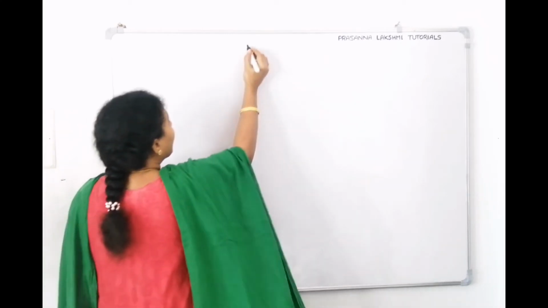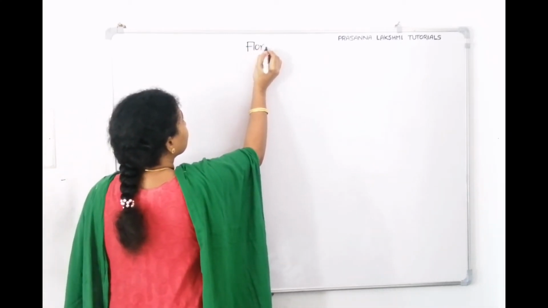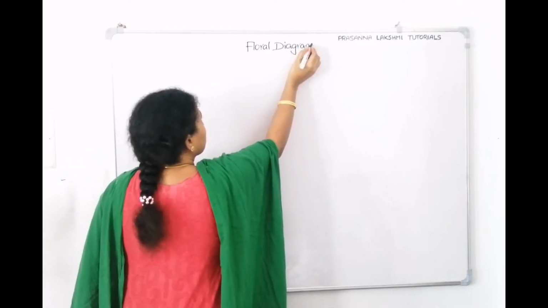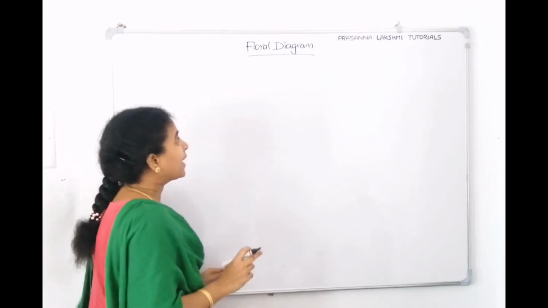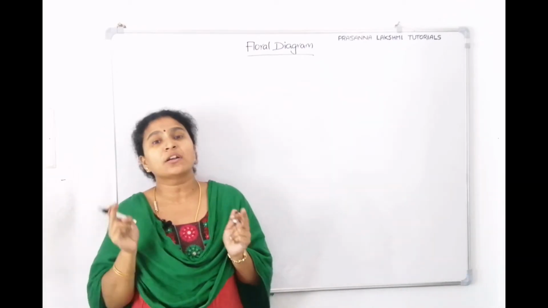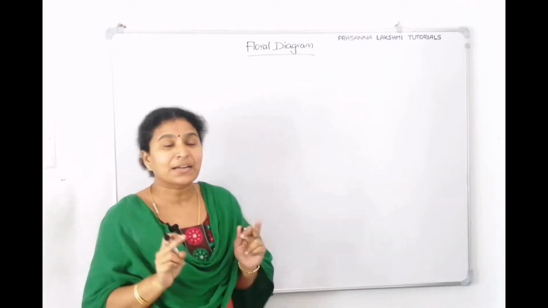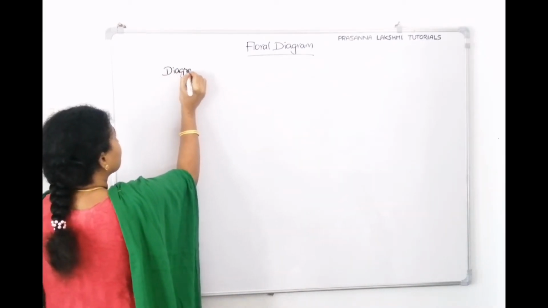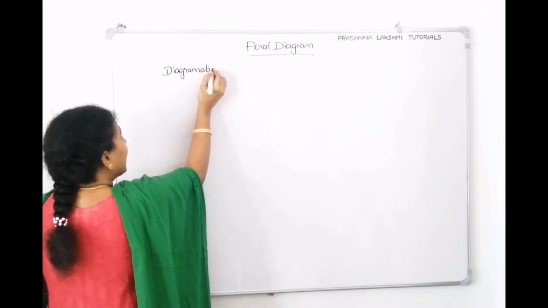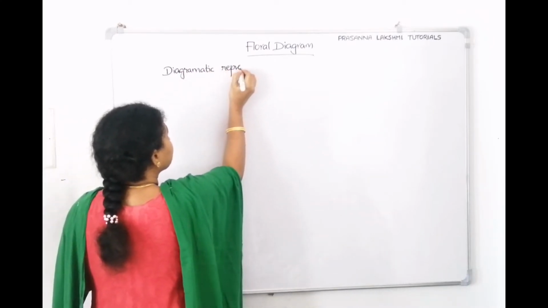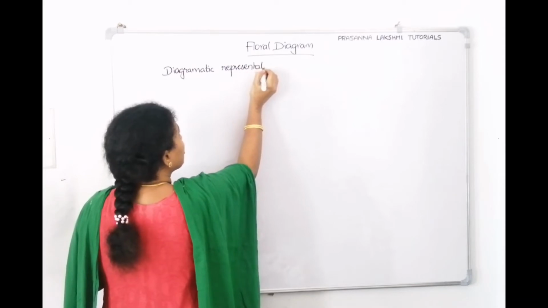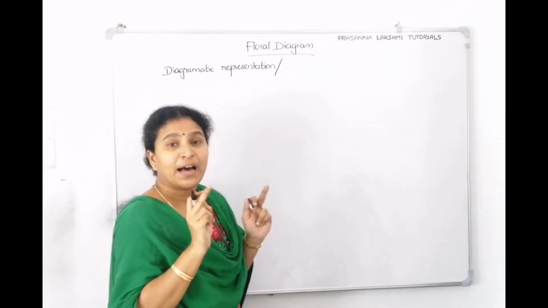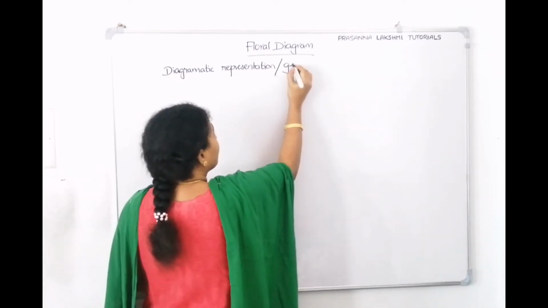So what is floral diagram? It is a diagrammatic representation, or it is a ground plan of the flower in the bud stage, right? So let us write down. It is a diagrammatic representation, or it is the geometric plan of a flower in the bud stage.